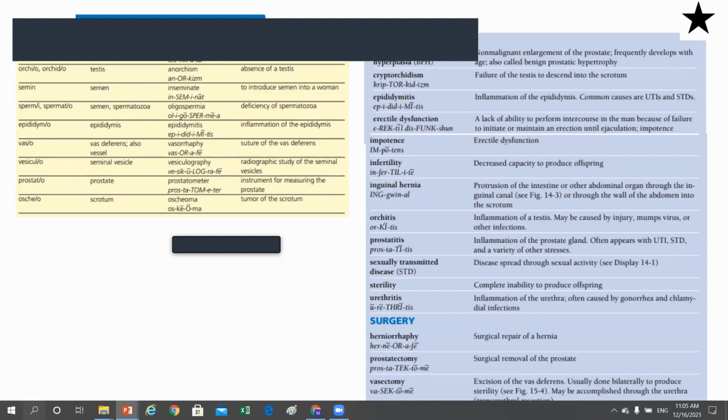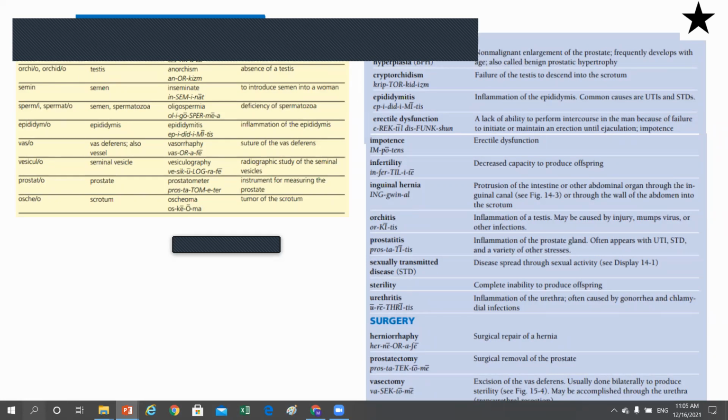Or we can go through the penis, through the urethra, put in special instruments and cut this gland. We call this transurethral prostatectomy. Transurethral means through the urethra, or per abdomen, abdominal prostatectomy.